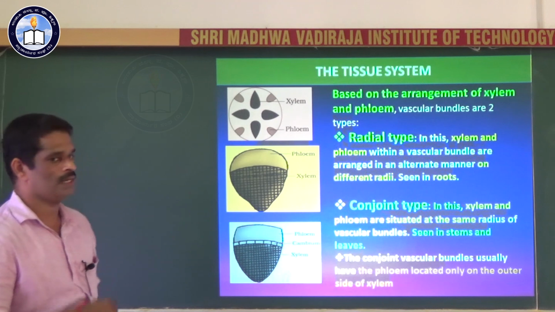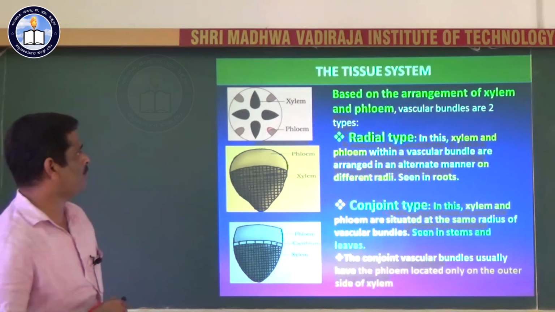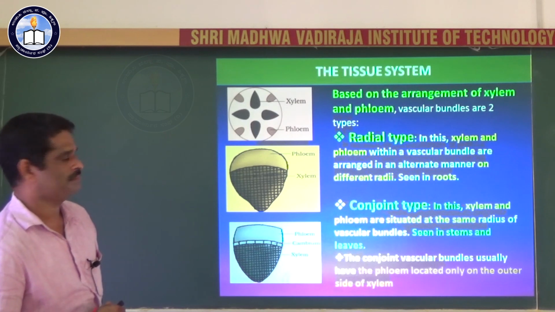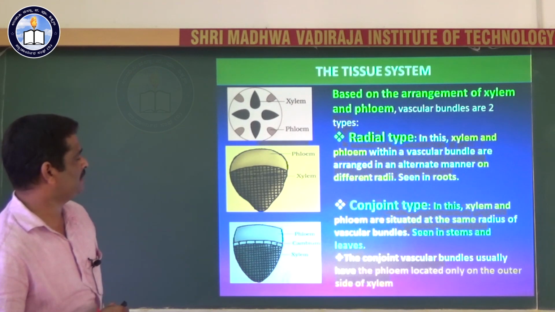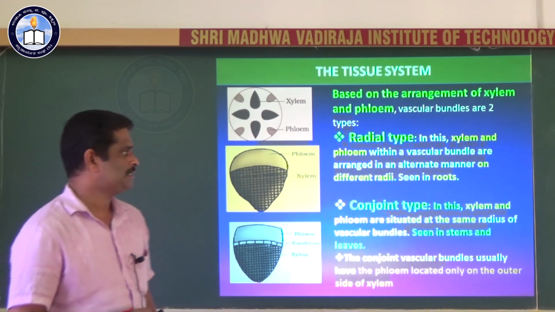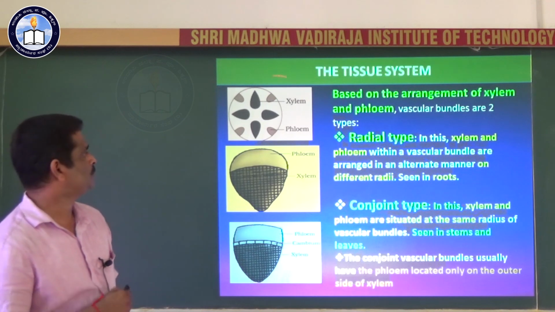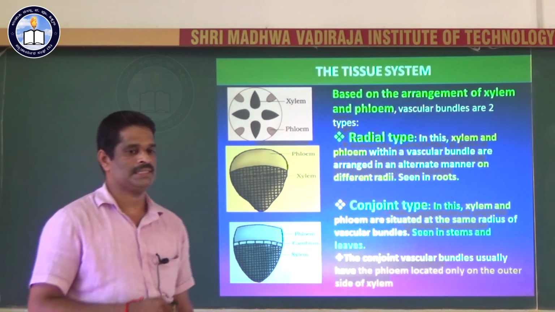That is what we call a radial vascular bundle. Xylem and phloem occur separately and alternate with each other in different radii. It is seen in roots; both dicot root and monocot root show the radial vascular bundle.